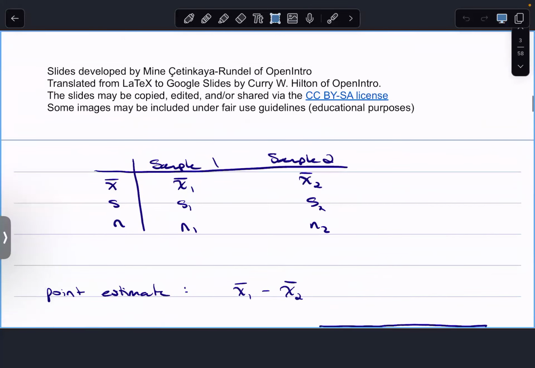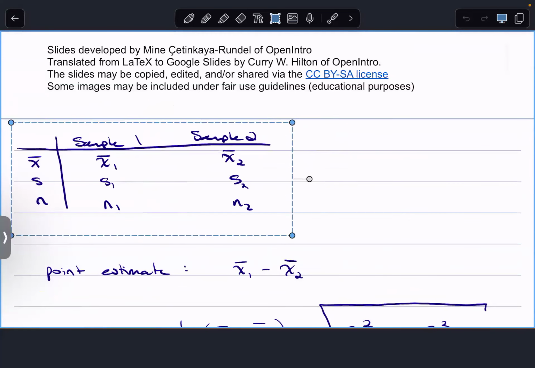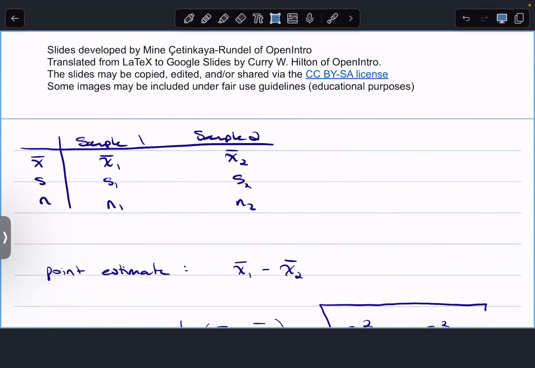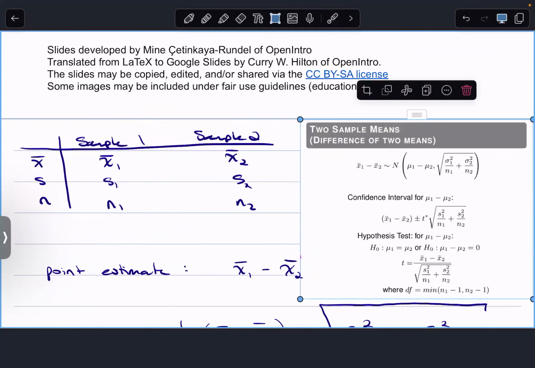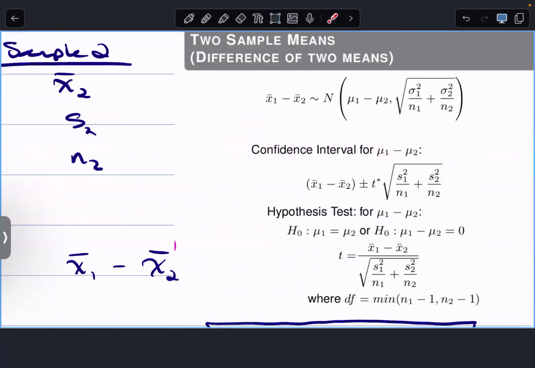Where can I sneak this in? Maybe I'll put it up here. So on your formula sheet, same as always, this theoretical distribution, it is what we're using in the background here and here, but it's not something that we need to worry about. So you can kind of ignore that. Be really bad if I didn't have it on there though, for me.